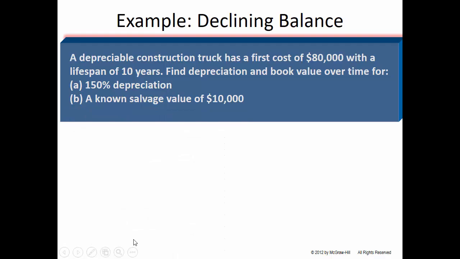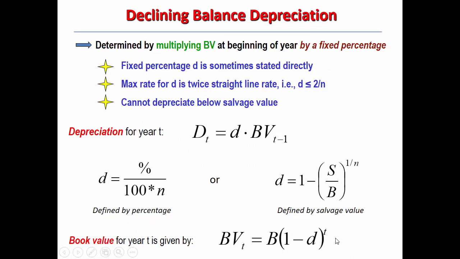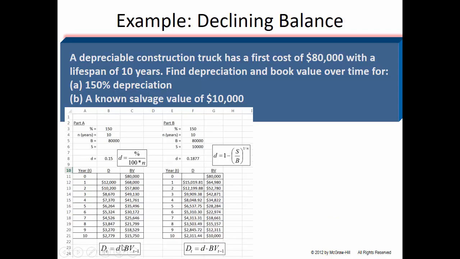So here at the bottom, this formula says the depreciation in any given year is the depreciation factor times the book value in the previous year. That's pretty helpful if you're going to be solving it with a spreadsheet. It can also be solved just by equation methods, so you have either approach available to you. That's 150%.